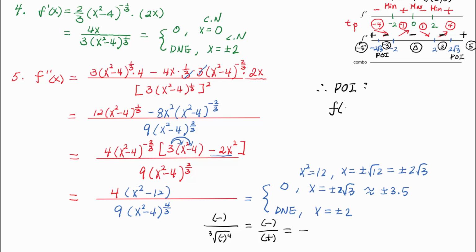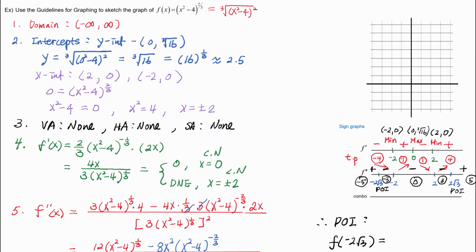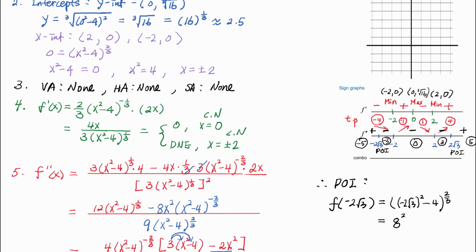So what is f of -2 radical 3 equal to? I need to go back to the original function, and the original function was the quantity -2 radical 3 squared minus 4 to the 2/3 power, which is equal to, when you square -2 radical 3, that's 4 times 3 is 12. 12 minus 4 is 8, so 8 to the 2/3 power. 8 is 2 cubed, to the 2/3 power.